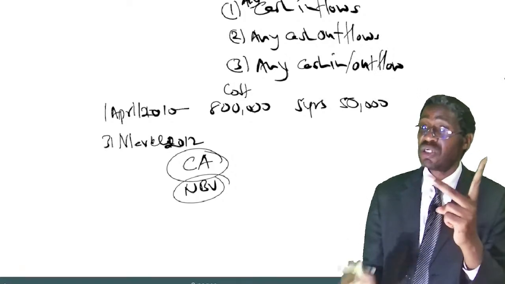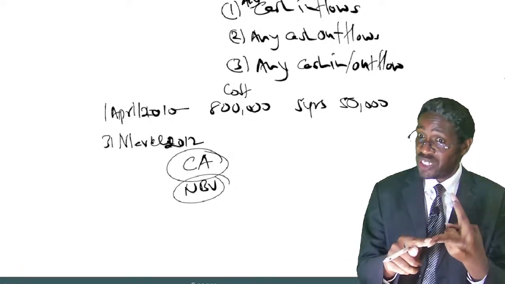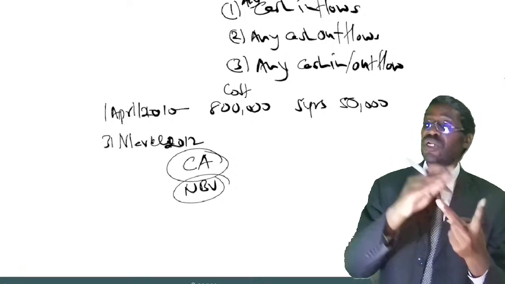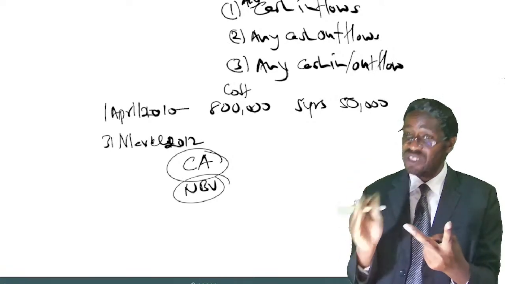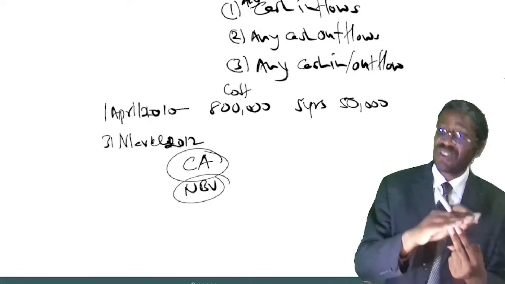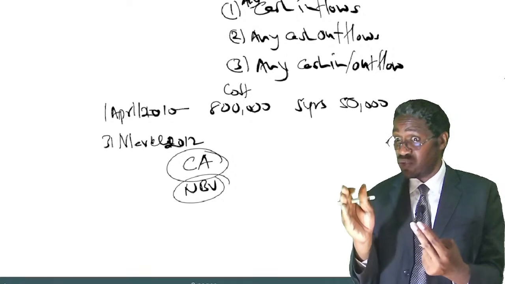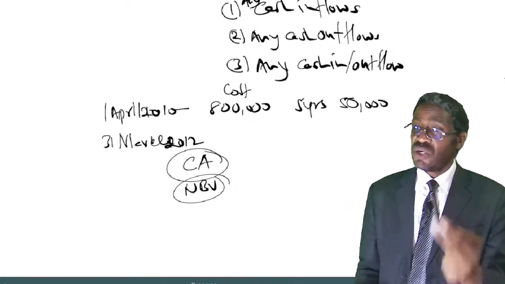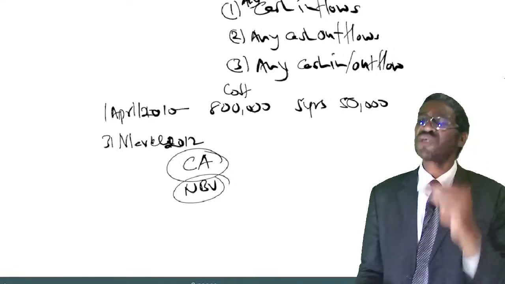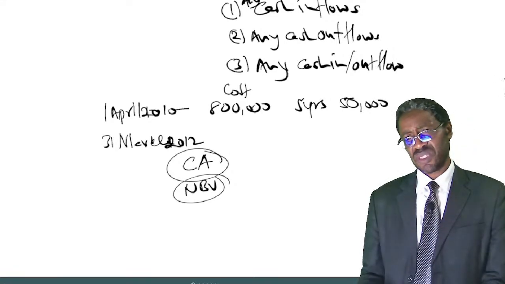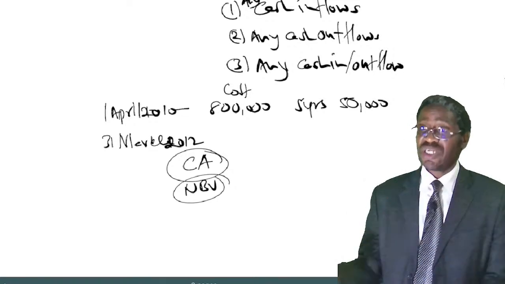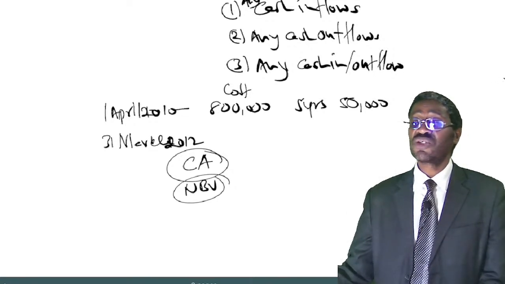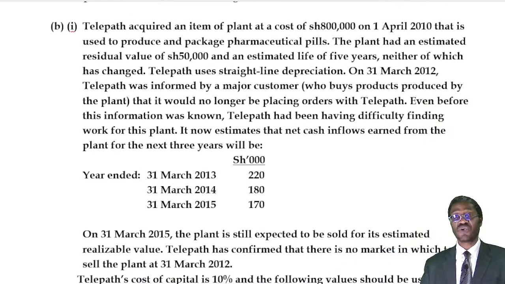We bought it in April 2010; that year went on until 31st March 2011, and the other year went on until 31st March 2012. Those are 2 years, so for 2 years we have been using the asset. We need to depreciate it for those 2 years. We are told that the company decided to use the straight line method.